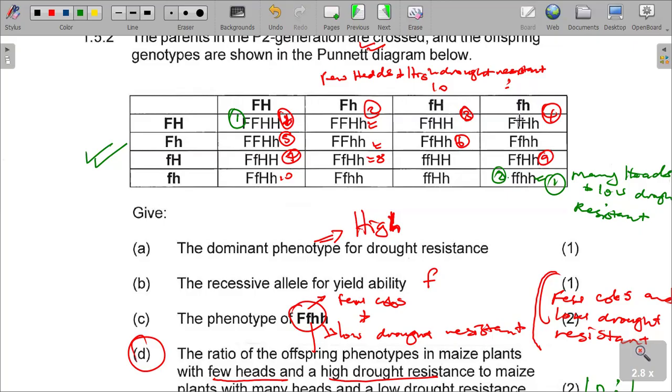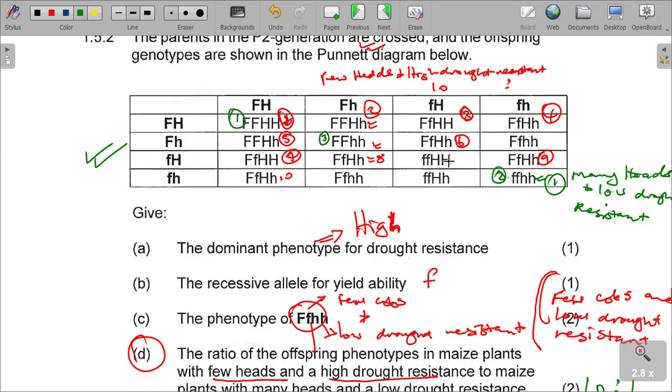Here it's not homozygous. There we don't have. We have got three. This one is homozygous. Three there. Let's check again. Where do we have another homozygous for both characteristics?